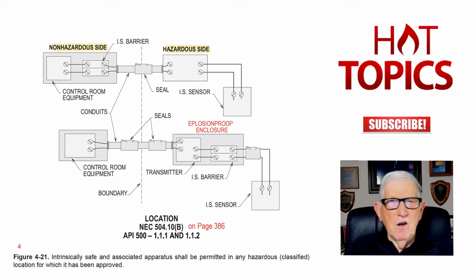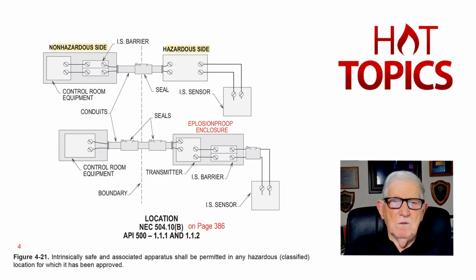And we're looking at location. 504.10(B) on page 386. And you field people, the API 500 sections that you see listed will refer you over to the NEC to see if you have a problem or not. But the most important thing is to keep that barrier, if you can, and its enclosure in a non-classified area.